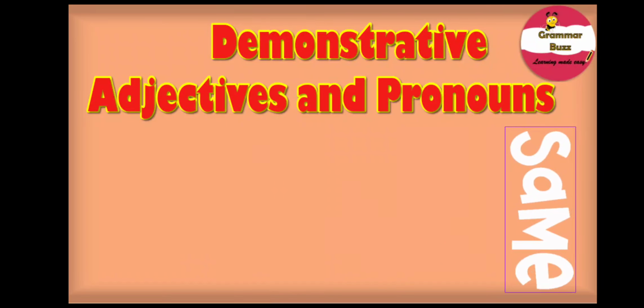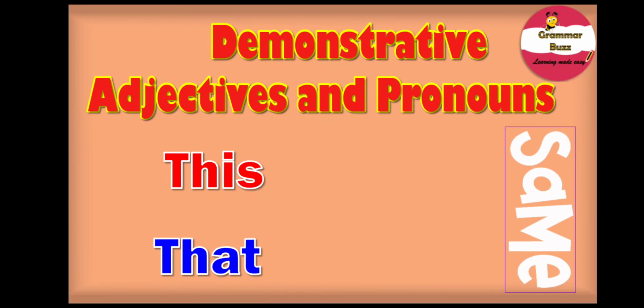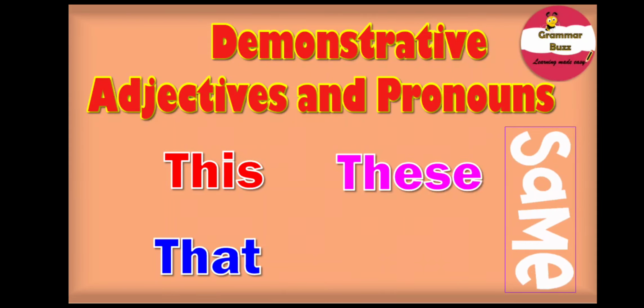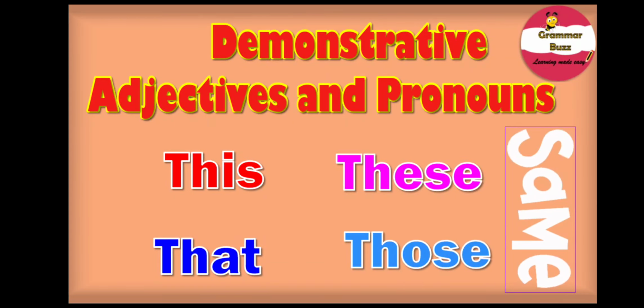They are this, that, these, and those. Although the terms are the same, the uses are very different from one another. So let us find out how demonstrative adjectives are different from demonstrative pronouns.